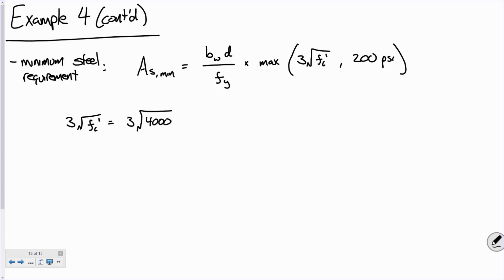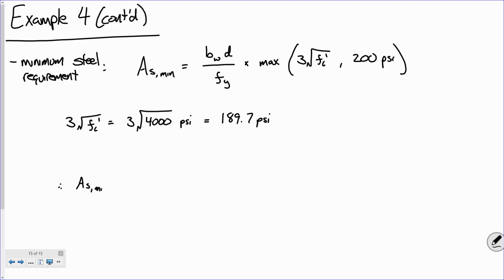Exactly. The big thing: you plug in psi, you get out psi. So 3 times the square root of 4,000 comes out to be about 189.7 psi. So which one are we going to use, that or the 200? The 200.